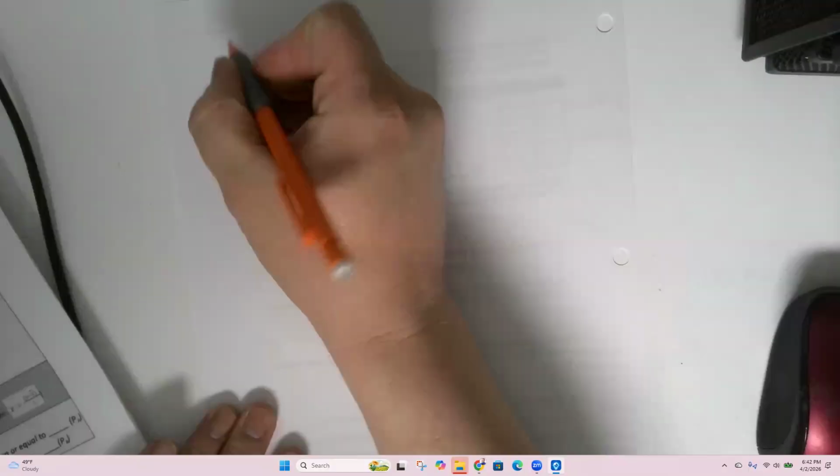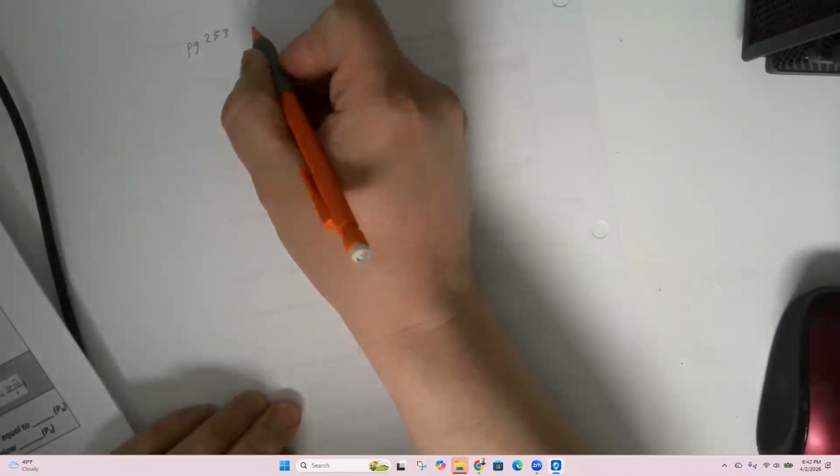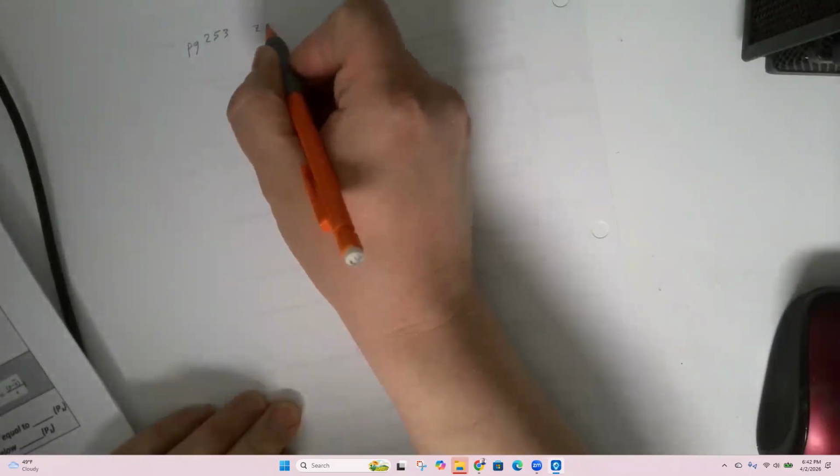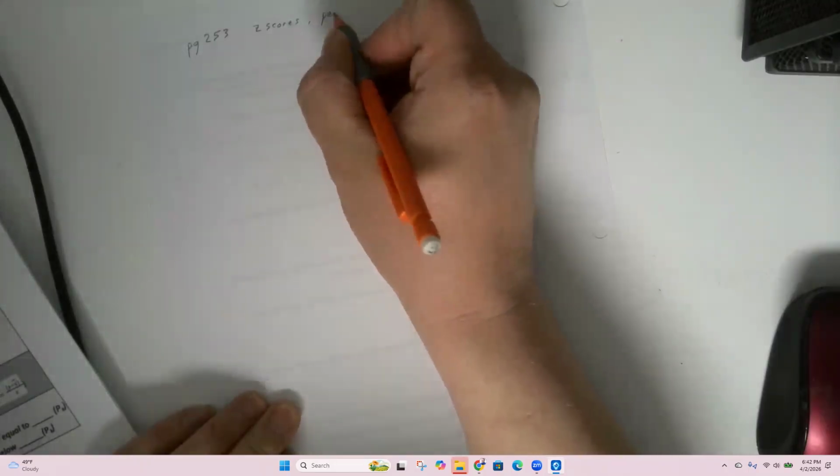So what kind of things? Page 253, this is my Z scores and the percentile script, right?